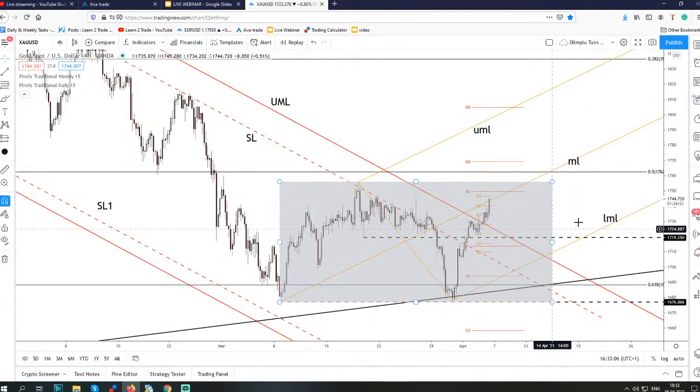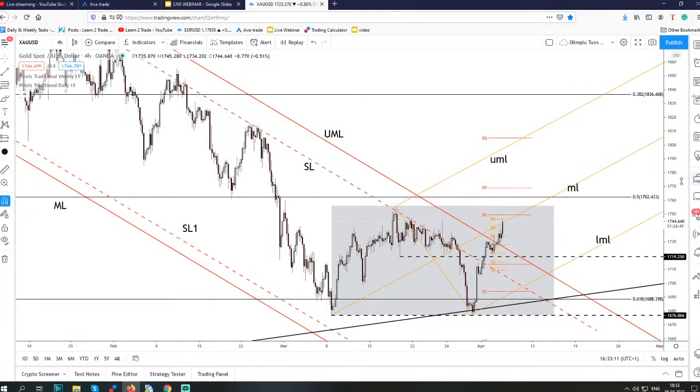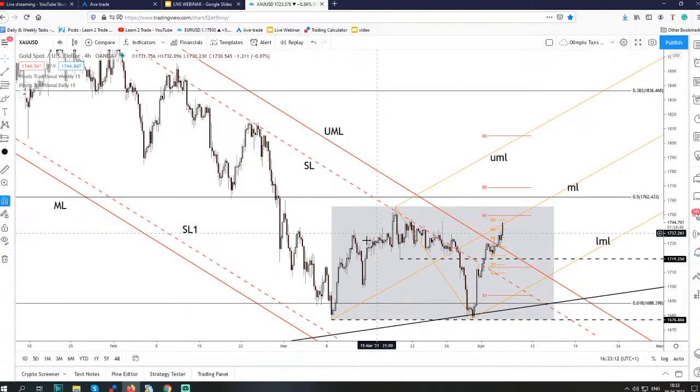Okay, so as I've told you, only if the price will register a new higher high, if it will jump and stabilize above 1755, also above the 50% retracement level, then it could continue higher on the short to the medium term.